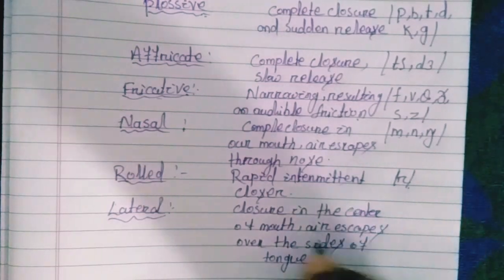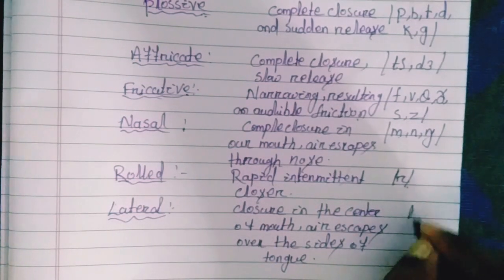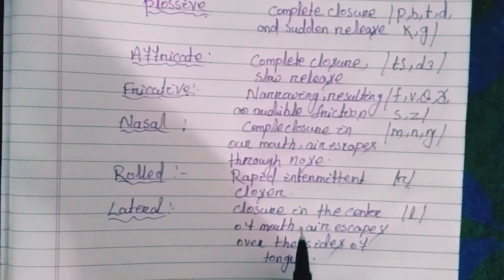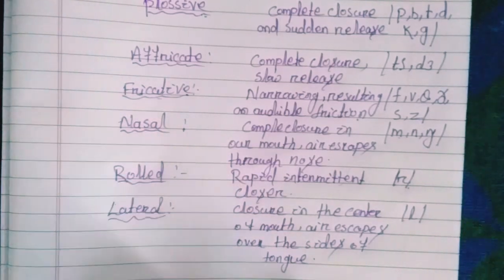And the example of this lateral sound is low sound. When you pronounce this low sound, you can understand how air escapes through both sides of our tongue.